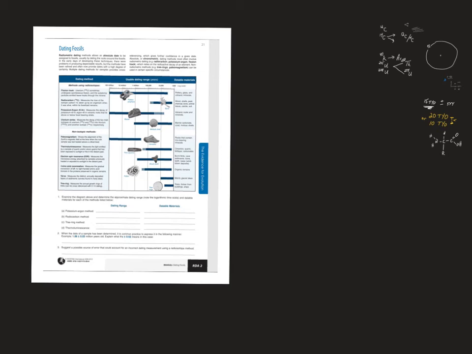So if you're asked what could be some of the errors in radiometric dating, well, then you could talk about things like the radioactive material being added after the rock was made, by geologic processes, right?